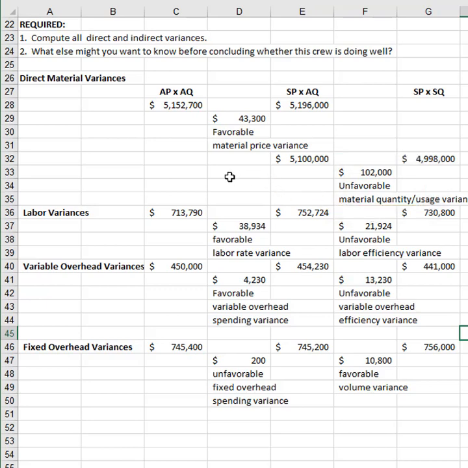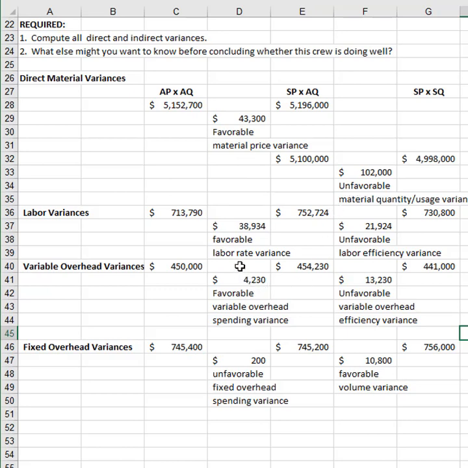So I don't know if they bought it in more raw form and had to do more prep, or had to throw more out because it was cheap and therefore it wasn't presentable, didn't display well. Who knows? That would be something to ask. But these two offset. So they paid a little bit less, but they used a lot more.